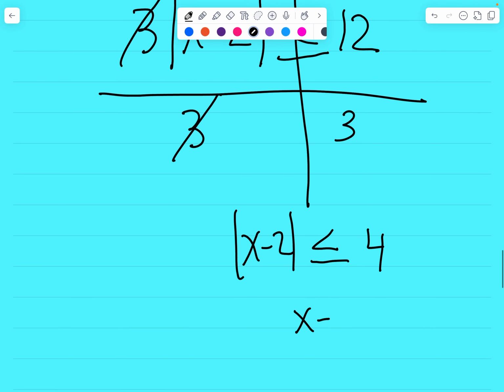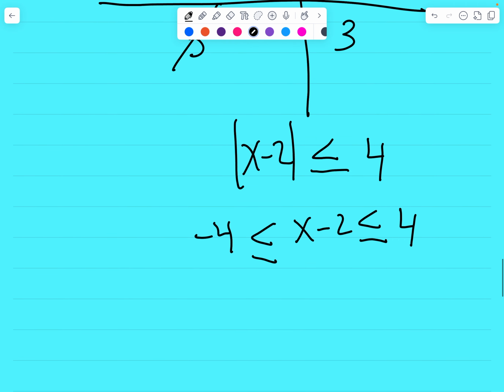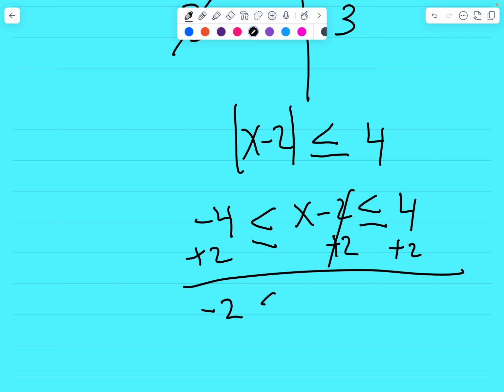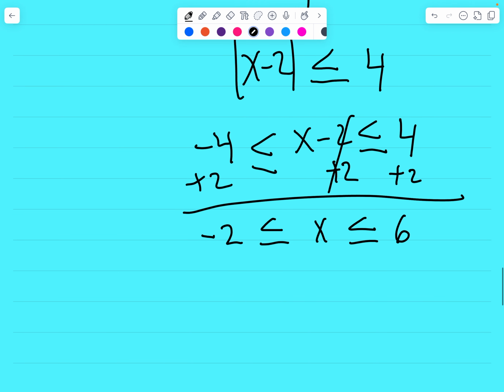So we have x minus 2 is less than or equal to 4. So we're going to say less than or equal to negative 4. Okay? We're going to add 2 on both sides. And you're going to get negative 2 is less than or equal to x, which is less than or equal to 6.